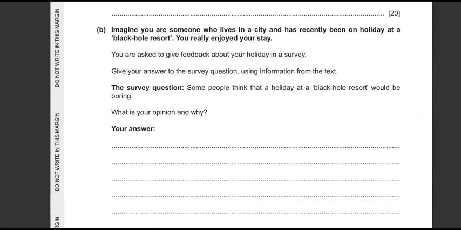For example, the question is that some people think that a holiday at a black hole resort would be boring. What is your opinion and why? Black hole resort is a particular place which is listed in the services of the company, right? So the backpacking thing has been discussed.